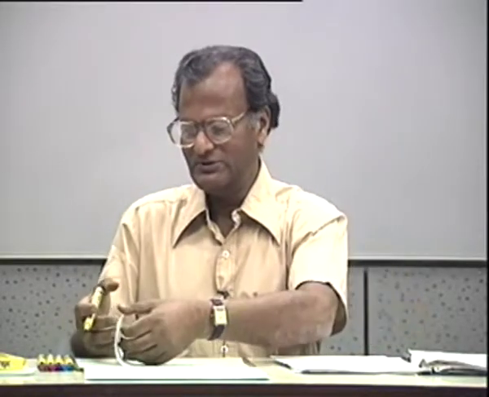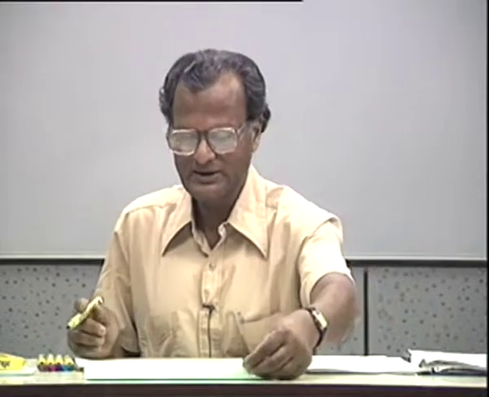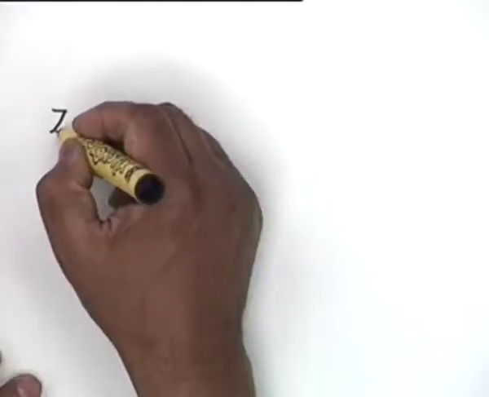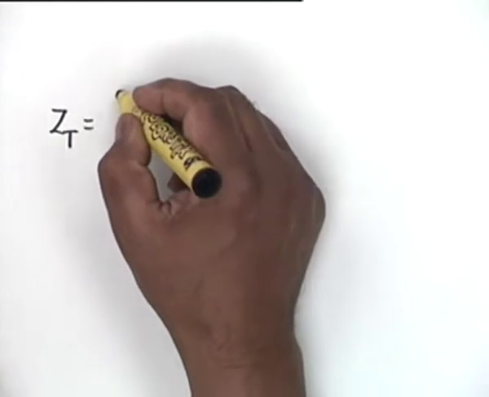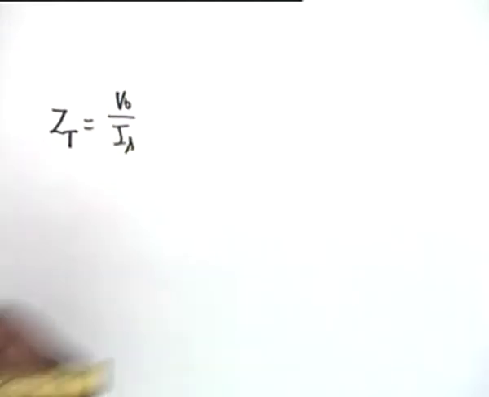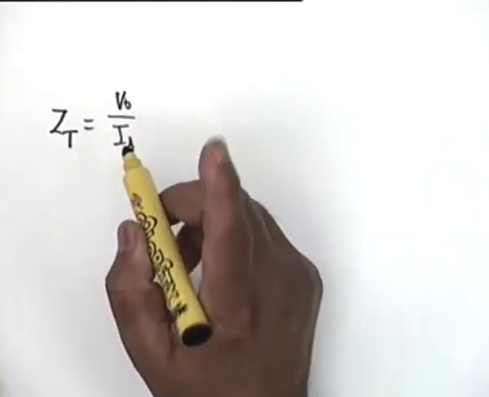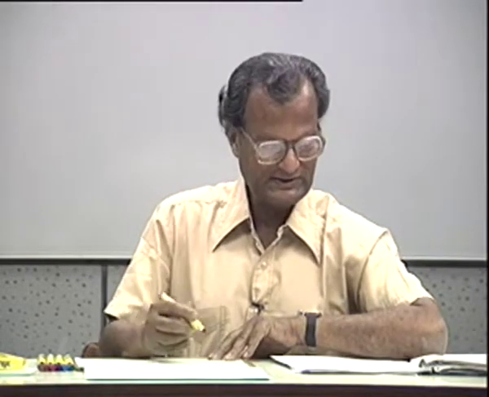I don't have to take the reciprocal of anything. If I solve these two equations, very simple, two simultaneous equations, then the transfer impedance ZT, which is V0 by IS, it's a transimpedance amplifier anyway, so the transfer gain has the dimension of an impedance. I show it as ZT.